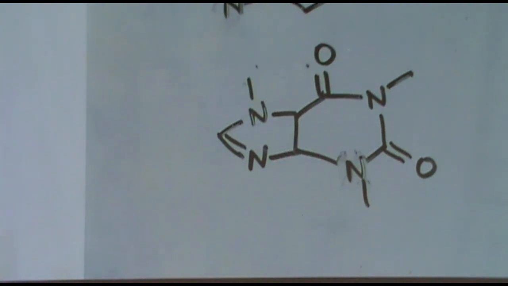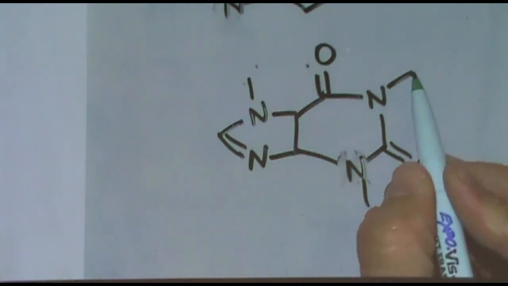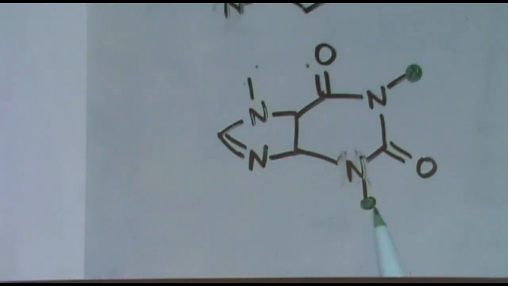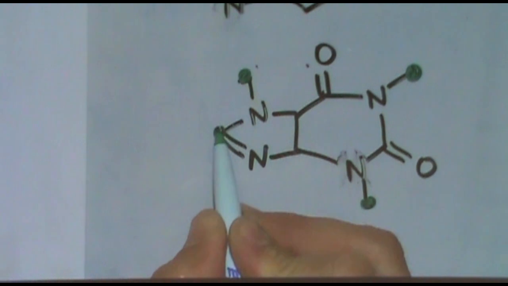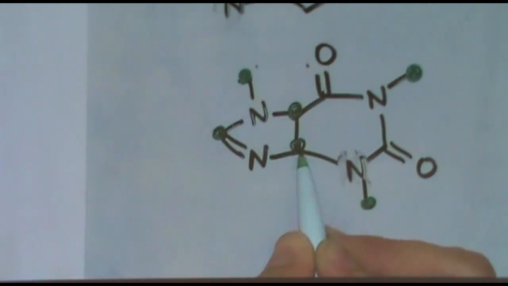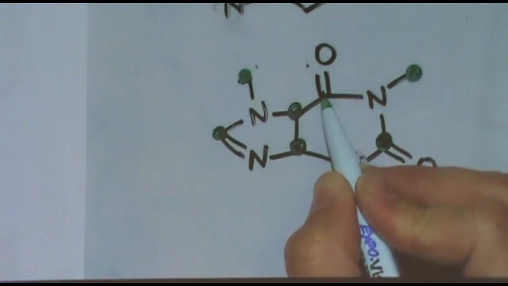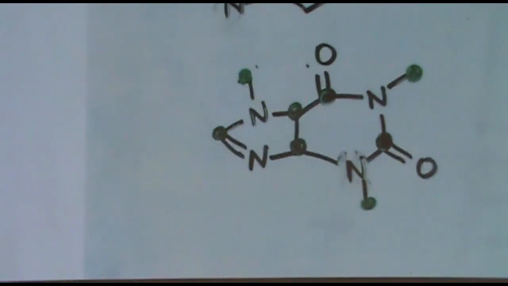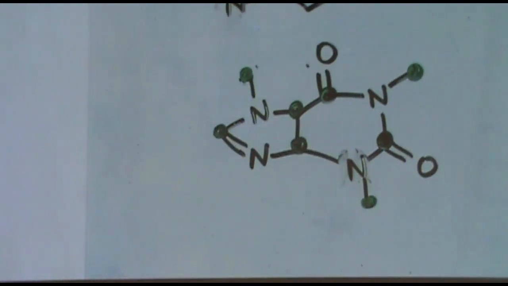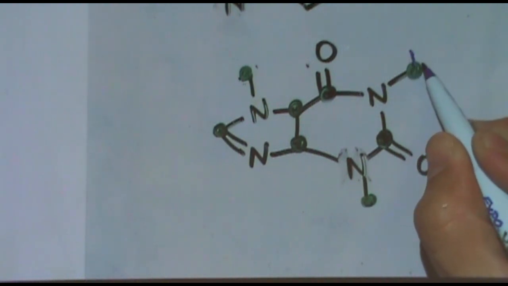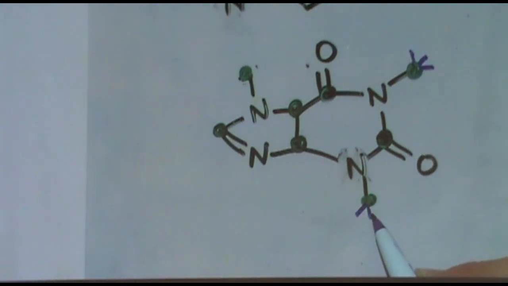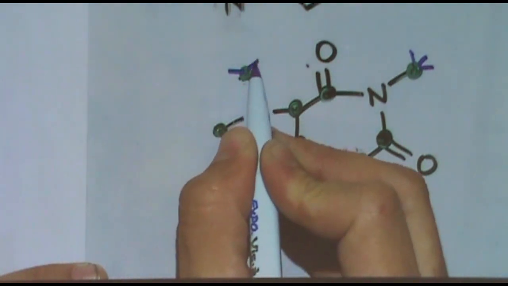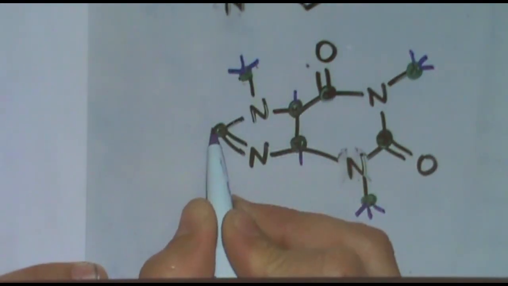I got 8. 1, 2, 3, 4, 5, 6, 7, 8. How many hydrogens did you get? I got 12. 1, 2, 3, 4, 5, 6, 7, 8, 9, 10, 11, 12.